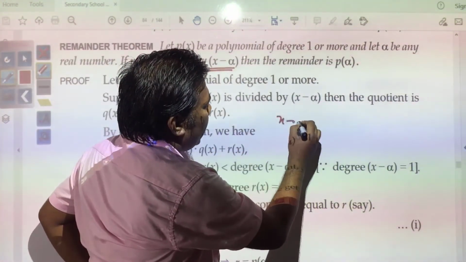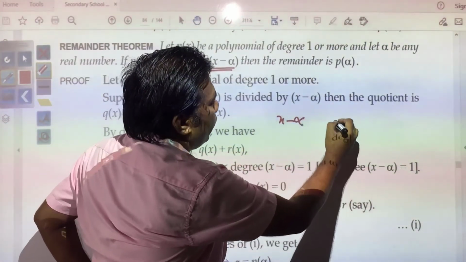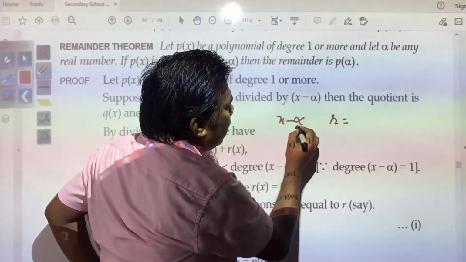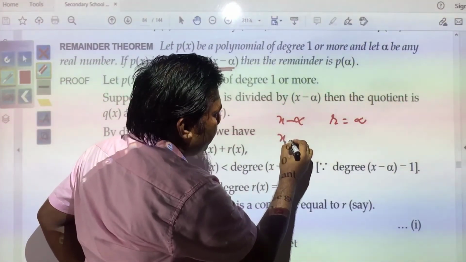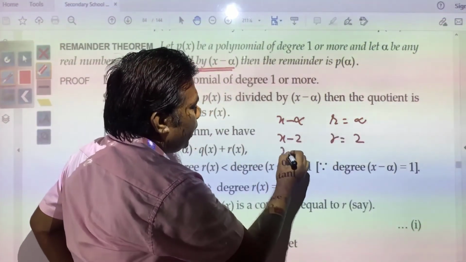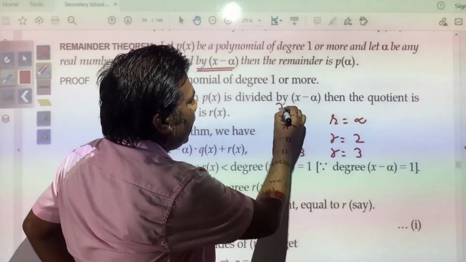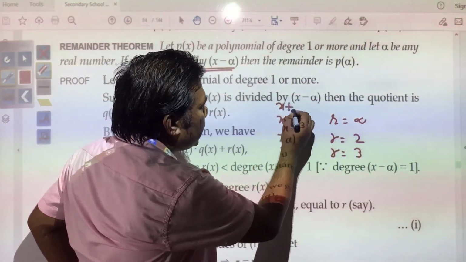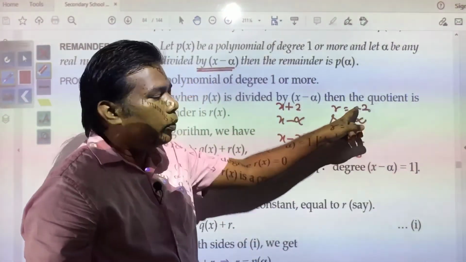If you are dividing by x minus alpha, your remainder will be plus alpha. If you are dividing by x minus 2, your remainder will be 2. If you are dividing by x minus 3, your remainder will be 3. If you are dividing by x plus 2, then your remainder will be minus 2. This only you need to know, that is it.